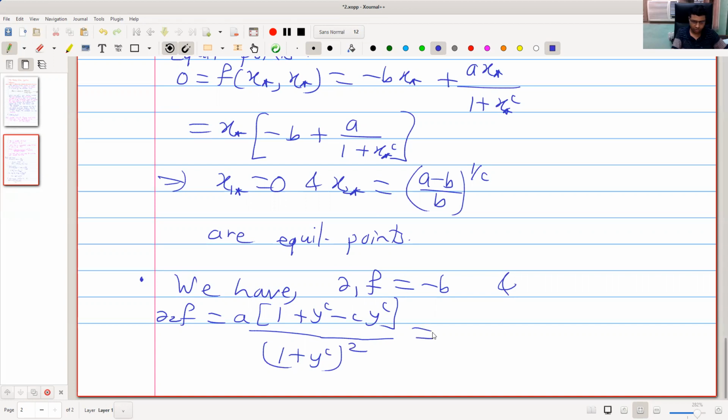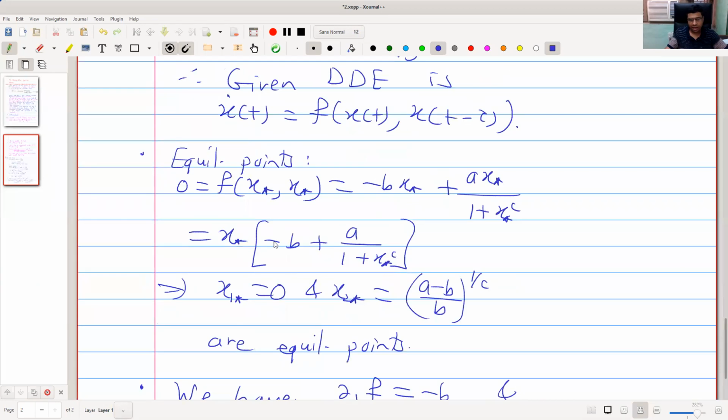Or we may write this as a into (1 plus (1 minus c) into y raised to c) divided by (1 plus y raised to c) square. Now we are going to find these partial derivatives at the equilibrium points, so that we can analyze the stability.